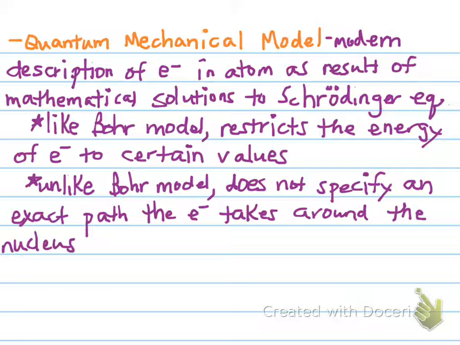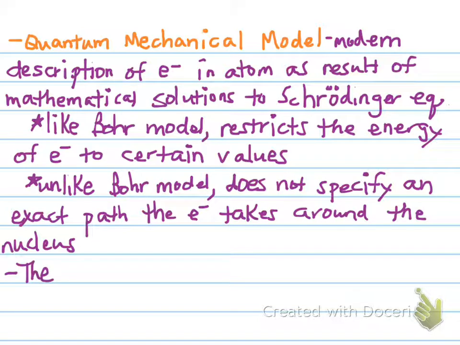Okay, so it's not like the solar system. The quantum mechanical model doesn't have a specific path or orbit that this electron is going to take around the nucleus. So how is it different?